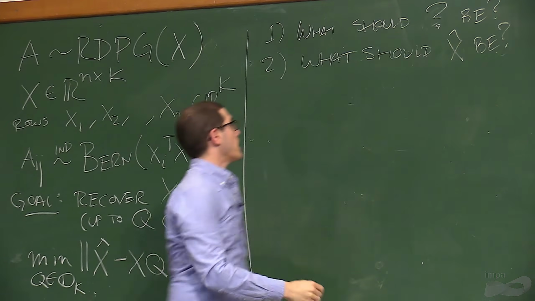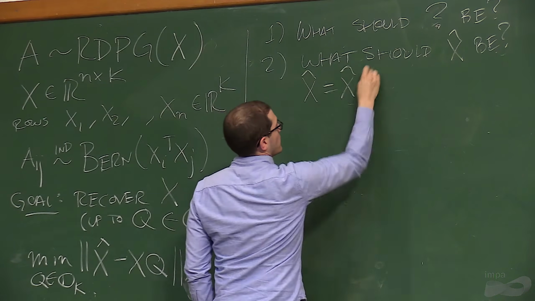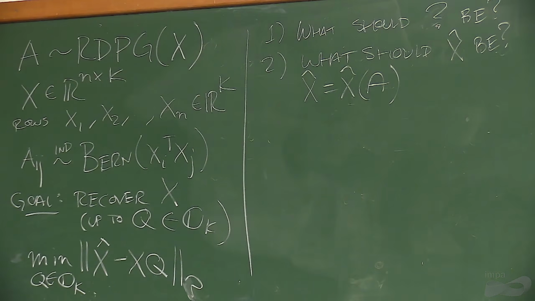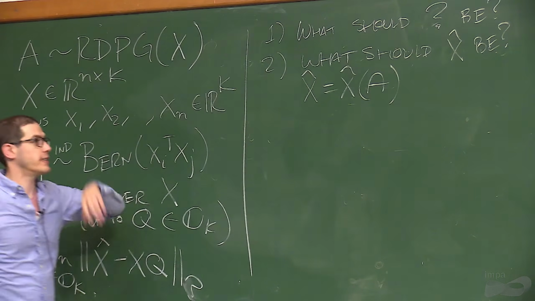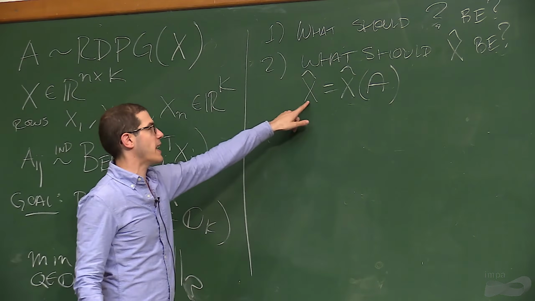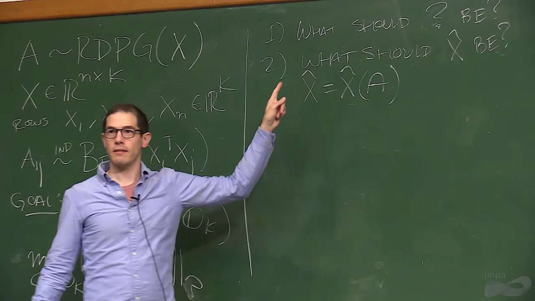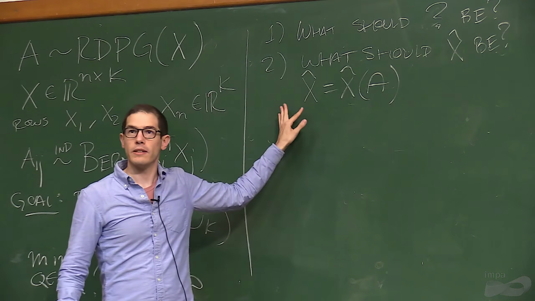So x hat, again, is going to be some function of A. I hand you A, you use some procedure or other, and that procedure outputs a guess as to x1, x2, up to xn. This statistical notation means I'm trying to estimate x, so my guess as to the true value of x, I'll put a hat on it. This always denotes an estimator, some random quantity.